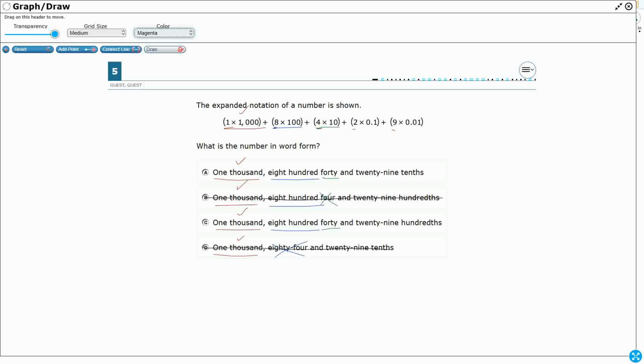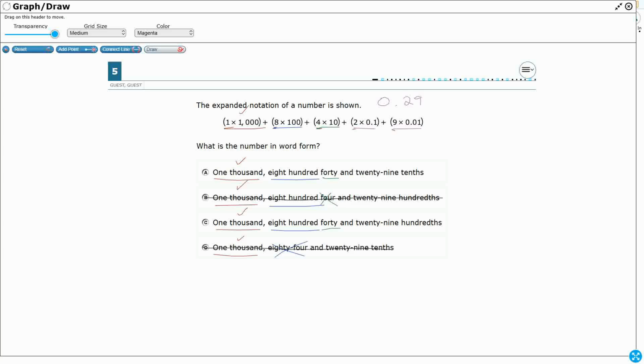All right, now this is where it gets tricky. This is 2/10, 9 hundredths. But if we look at it like this, we don't say those separately. Just like the 4 10s, if there happen to be any ones, you wouldn't say 4 10s, 5 1s, you would say 45.